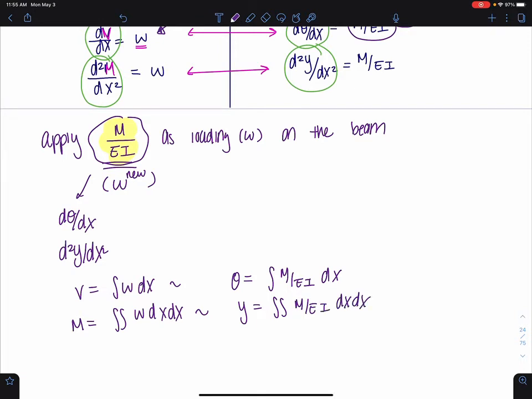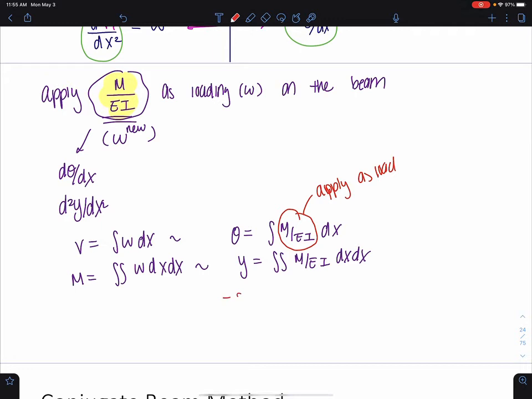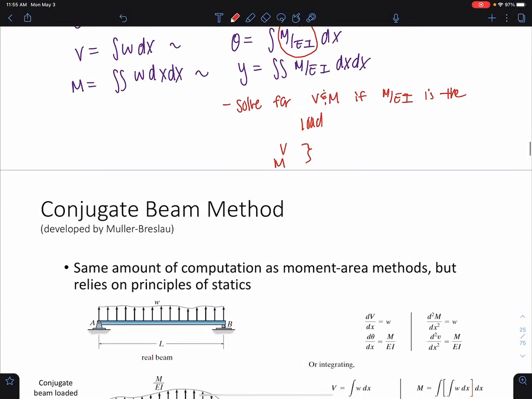So all we have to do is apply M over EI as load on our beam, then solve for shear and moment, and then my shear and moment would correspond to slope and deflection.